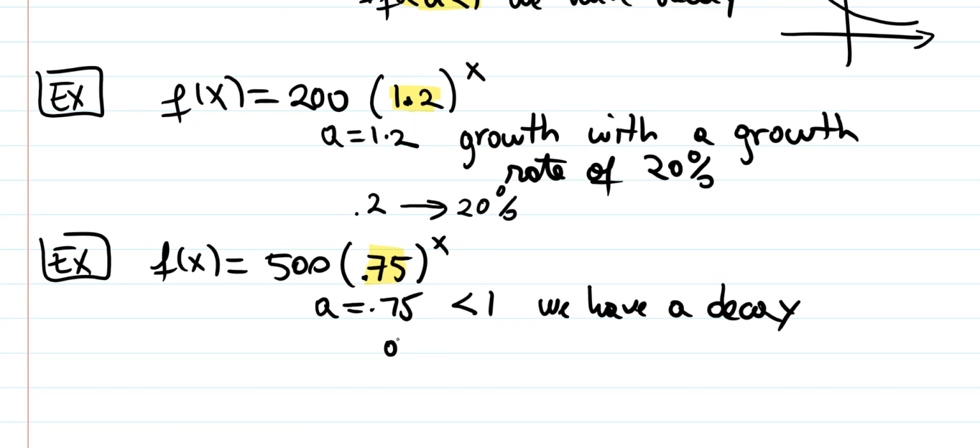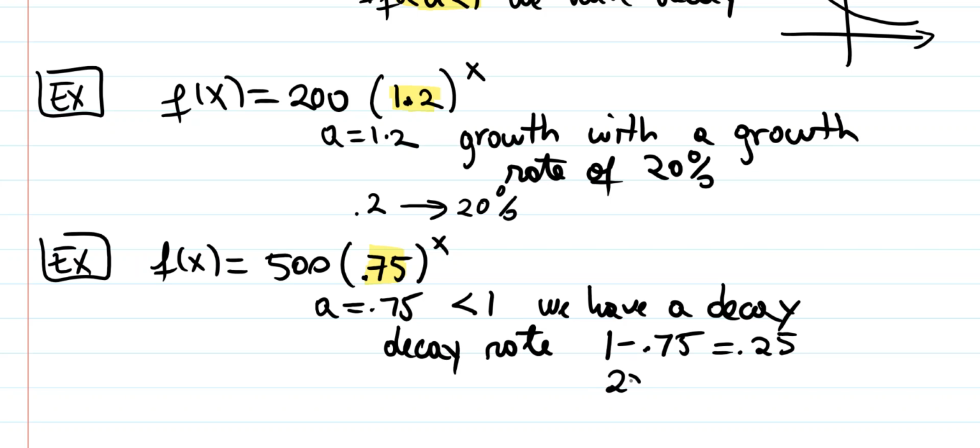And the decay rate is basically 1 minus 0.75, which gives you 0.25, which in percentage is 25% decay. Okay?